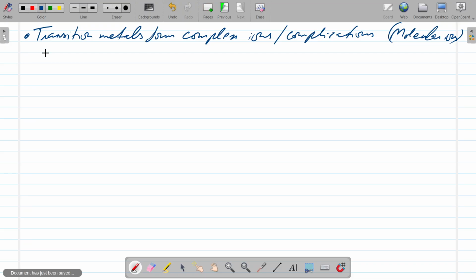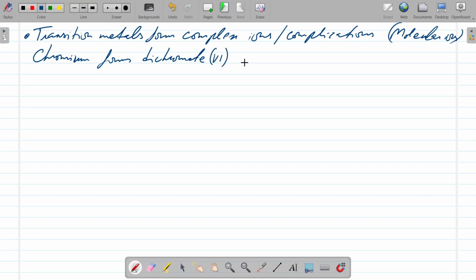Chromium forms the dichromate 6 ion. And what does that look like? It looks like Cr2O7 minus 2. Well, actually 2 minus.